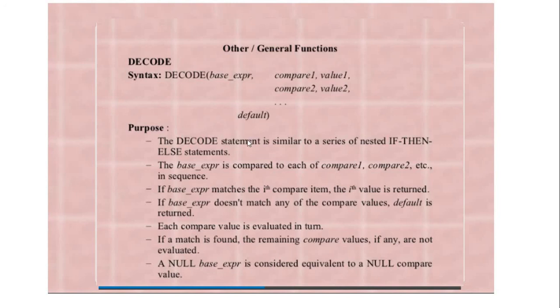That is basically a kind of nested if-then-else statement, where we have some base expression, then compare value, or we can say expression 1 and its corresponding value, then expression 2, then the corresponding value, and so on, where the base expression is compared with compare 1, compare 2 and so on, and depending upon which it matches, its corresponding value is returned.